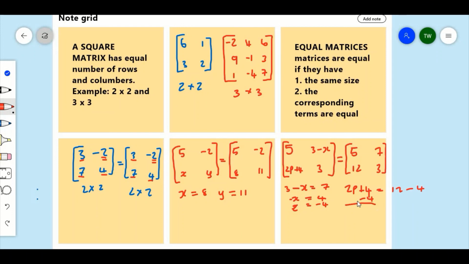So on this side, what we're left with is 2P, which is going to equal 12 minus 4, that's going to leave us with 8, and we're going to divide both sides by 2. So P is going to equal 4. Alright, so that's how you would determine the value of P and X.